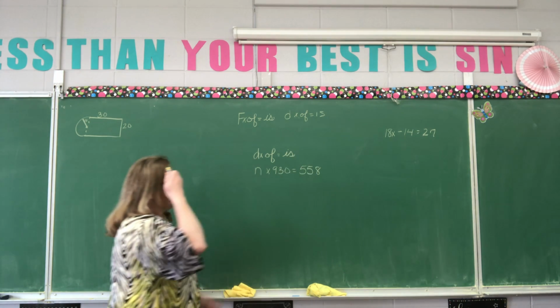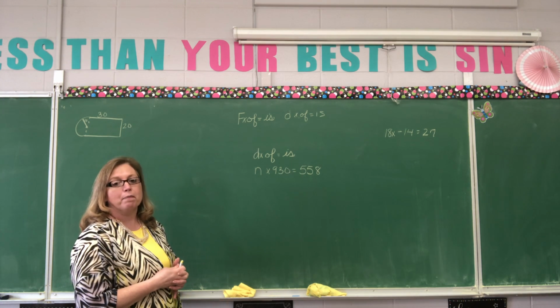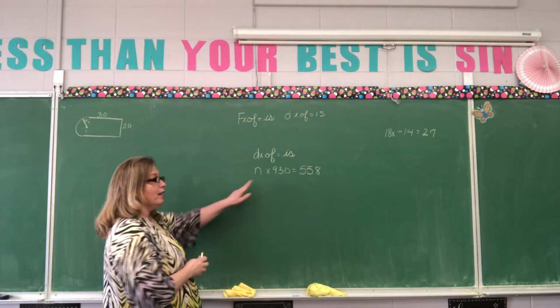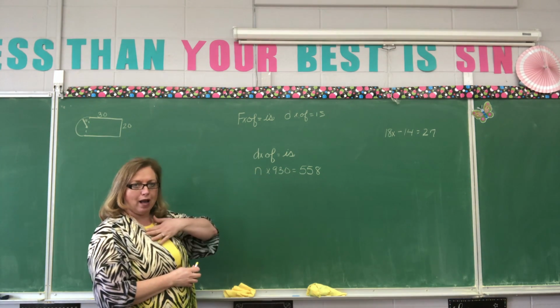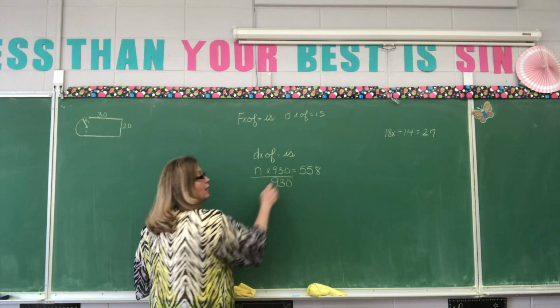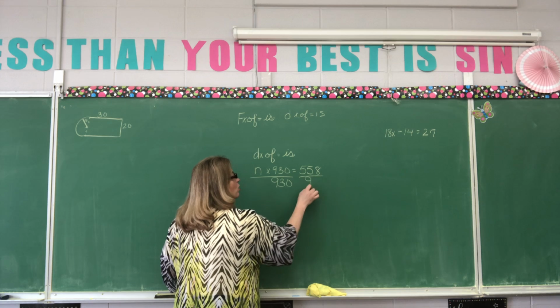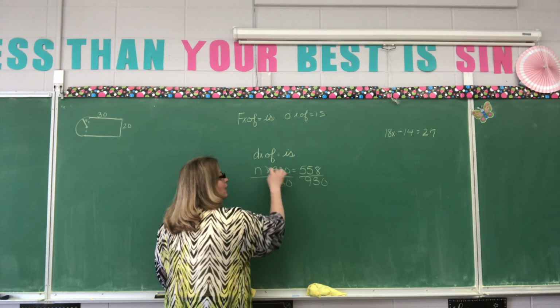Okay, n times 930, well, I can get rid of that 930 by simply multiplying. All right, I mean to divide. It says to multiply, so I'm going to divide. I'm going to divide this side by 930, and whatever I do on the left, I have to do on the right. So I'm going to divide that side by 930.